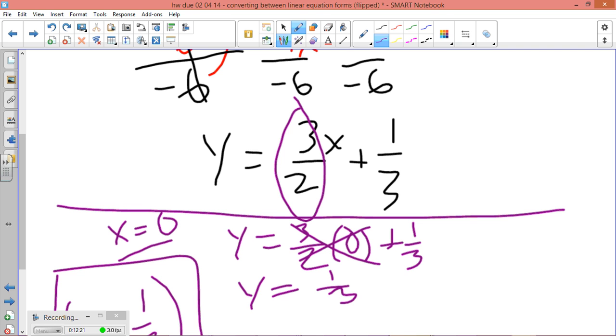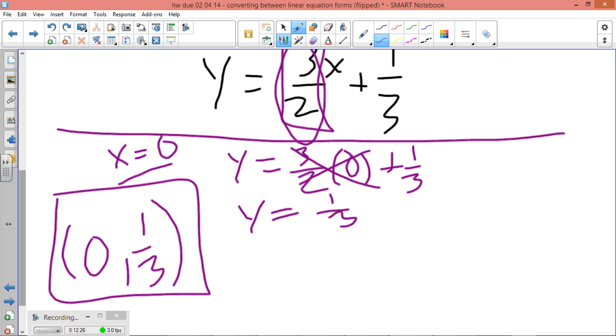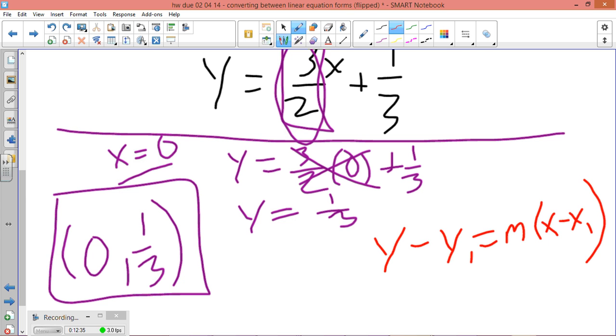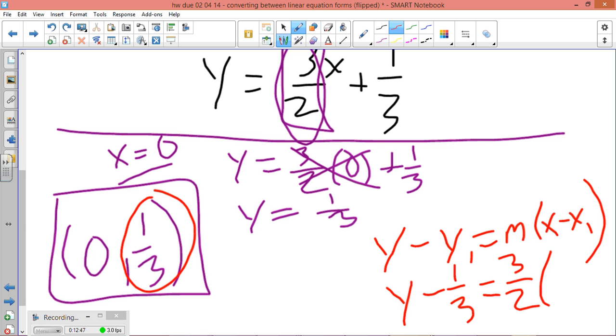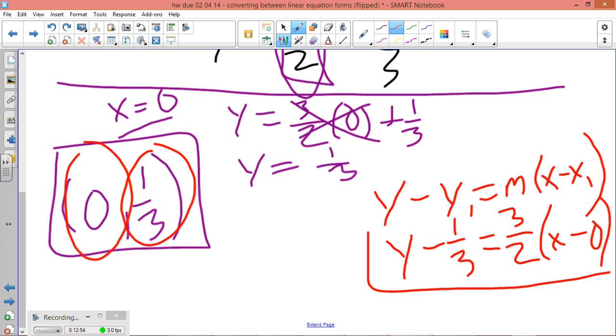My slope was 3 over 2, and I have enough to put this into point slope form like was asked. Y minus y1 equals m times x minus x1. So y minus 1/3 equals m, which is my slope, 3 over 2, times x minus my x-coordinate, which is 0. That is good enough to be done.